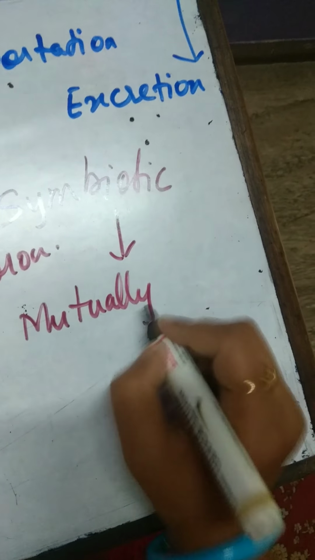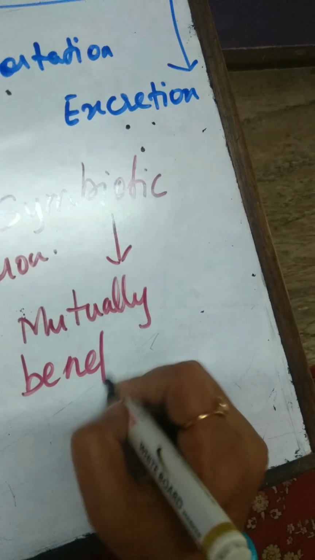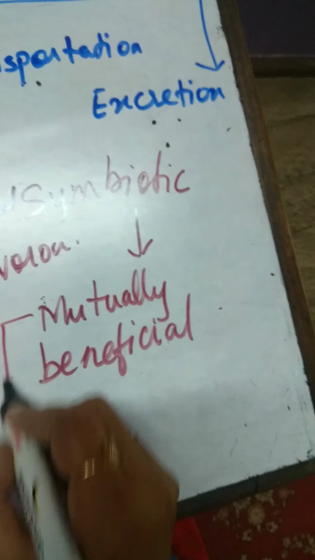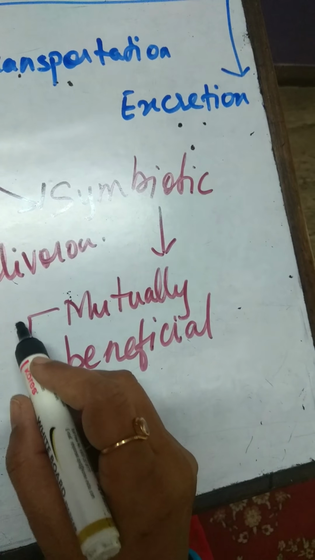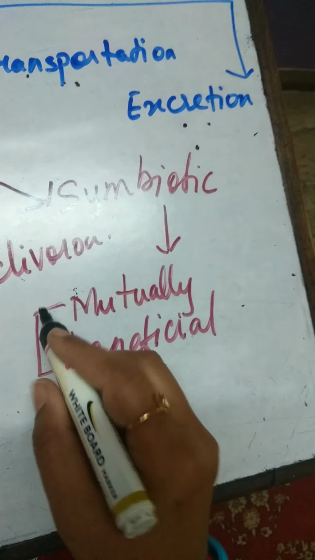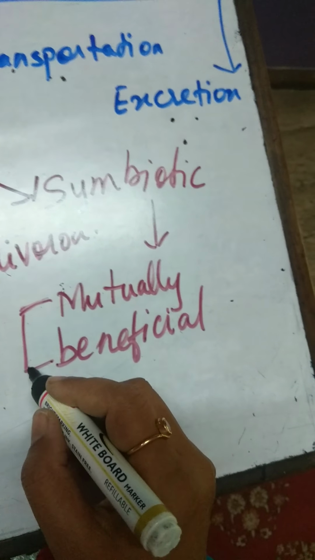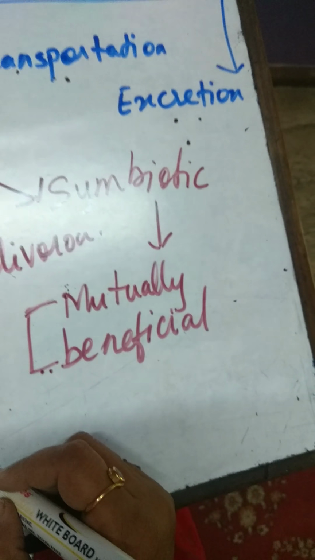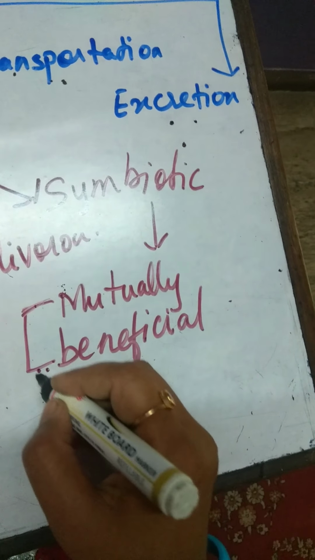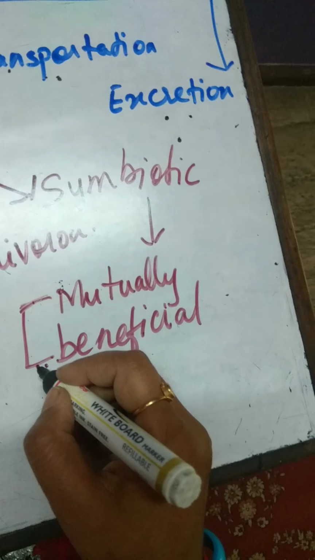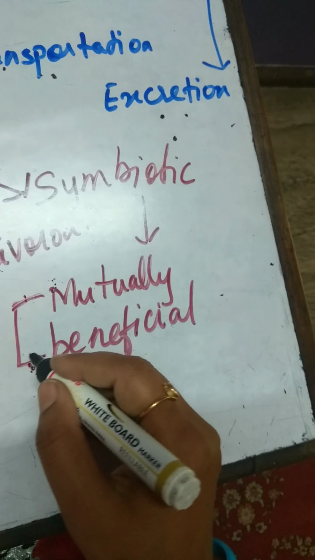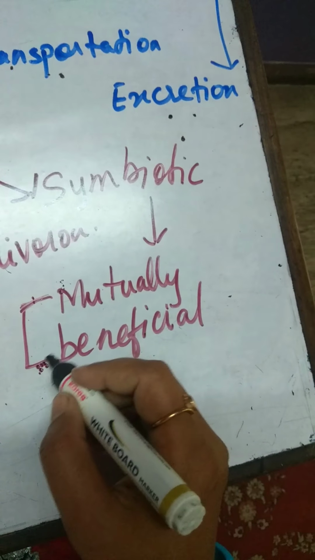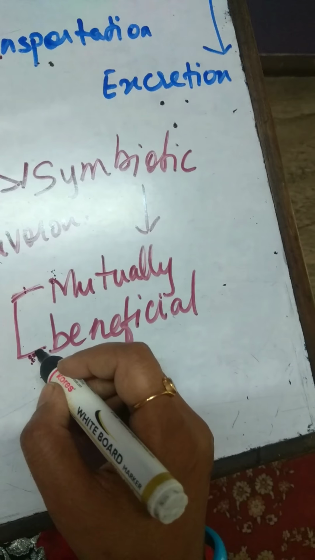Mutually beneficial means one organism is providing oxygen and minerals, and the other organism is preparing food and giving it to the first one. So they are mutually exchanging the work and helping each other.